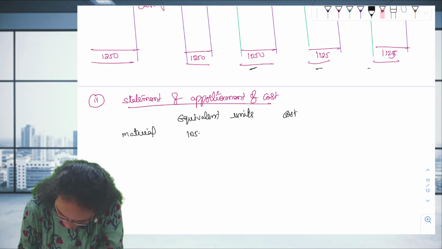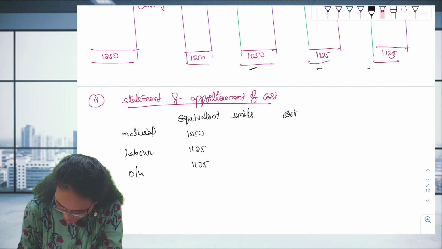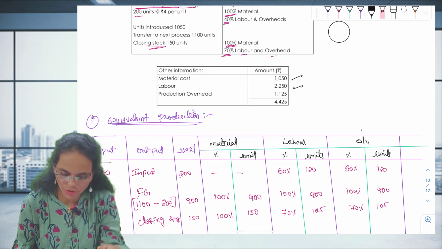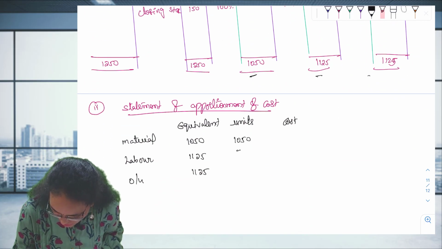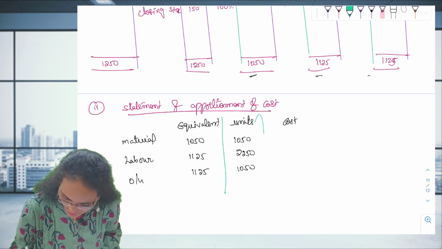Material 1050, labor 1125, overheads 1125. What is the cost? The cost is given: 1050, 2250, 1125. So cost per unit, how much will I get?